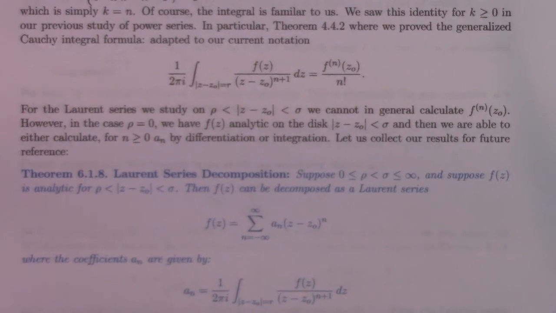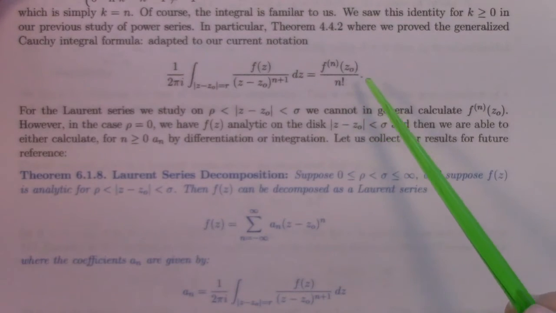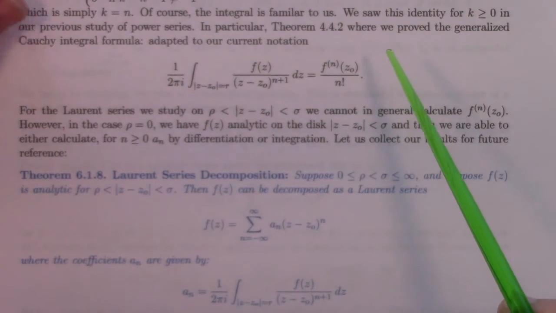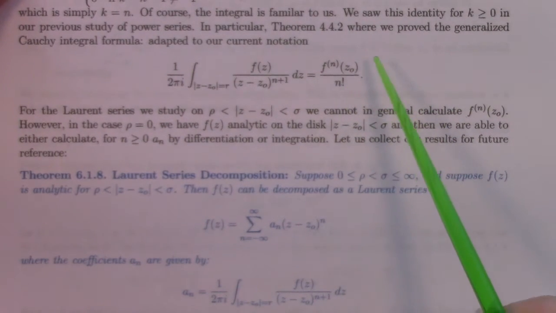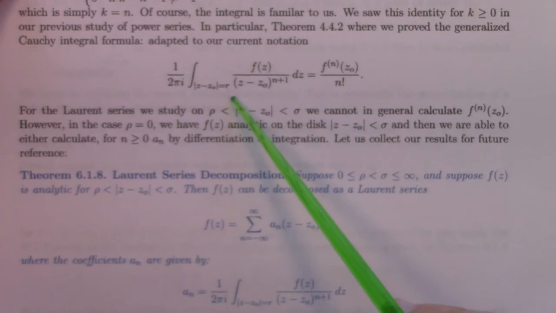Now, I think it's probably important to notice that I can't, generally speaking, tell you that, if we have analytic in the center point of the annulus, right? If z naught's the center of the annulus we're looking at, then we can calculate the nth derivative at z naught and divide by n factorial, and that will be equal to this, right?